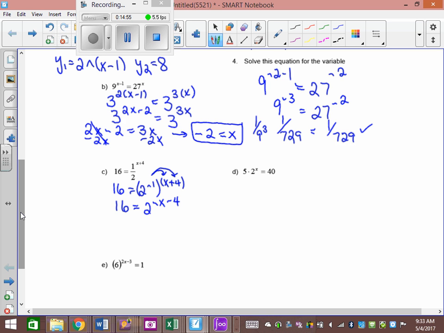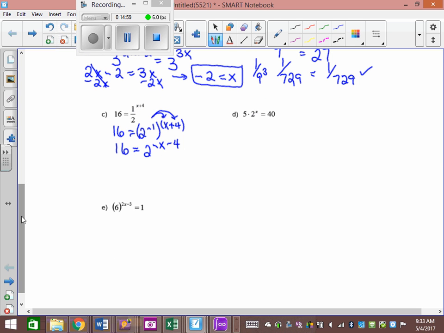And now we're back to a question just like the very beginning. I can make them both be base 2. 16 is 2 to the 4. Now I have base 2, so I can go 4 equals negative x minus 4. Add my 4.